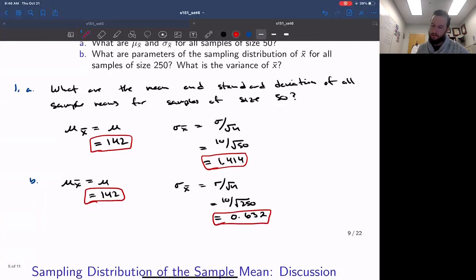Okay, and then it says, what is the variance of X bar? Well, the variance of X bar is just going to be the square of the standard deviation. So that's 0.632 squared, which is 0.4.